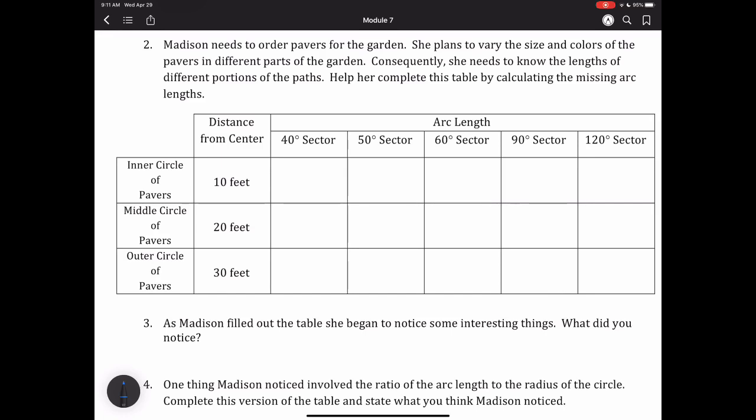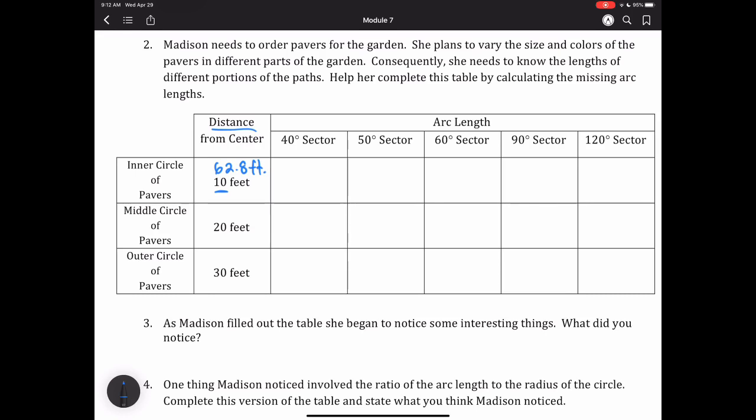So for the whole circumference, we've got, let's see, distance from center is 10 feet, which means the diameter is going to be double that, right? And we know that the total circumference is pi times the diameter. So I'm going to multiply 20 times pi, and that will give me 62.8 feet of circumference.